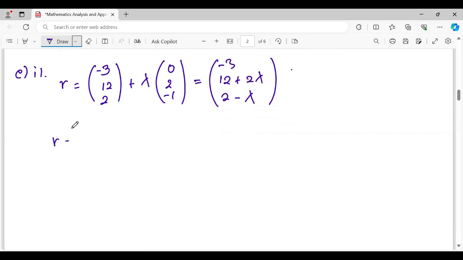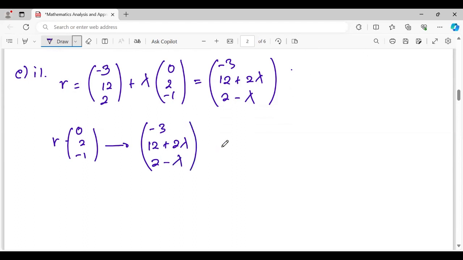Next, substitute the position vector r into the equation of plane pi, that is r · (0, 2, -1) = 7. So (-3, 12 + 2 lambda, 2 - lambda) dotted with (0, 2, -1) equals 7.